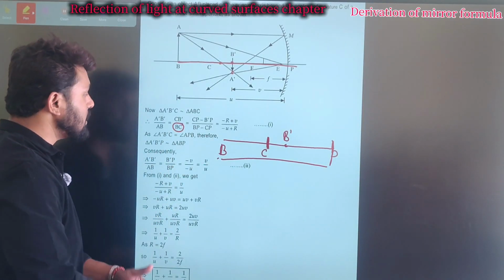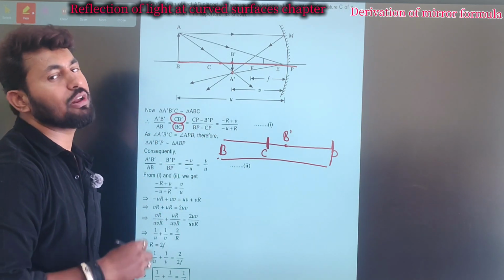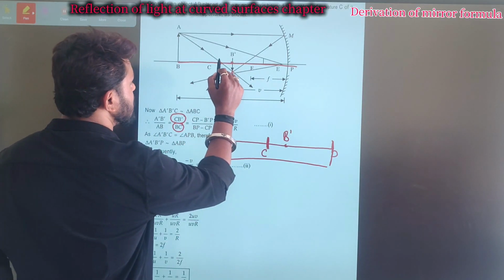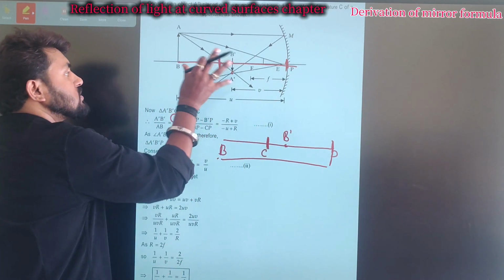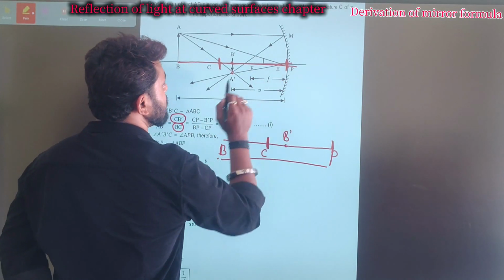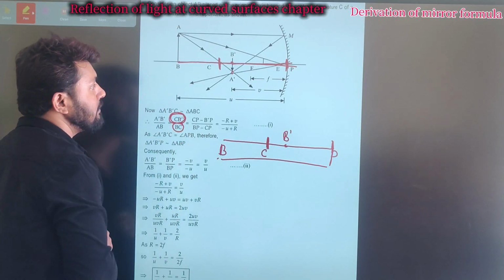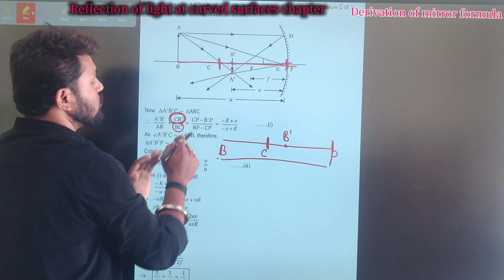Same thing applies to CB dash. How will I get CB dash? When I subtract CP, that is nothing but this whole distance, from this distance, I will get CB dash. This small distance that I am talking about, I will get like that.